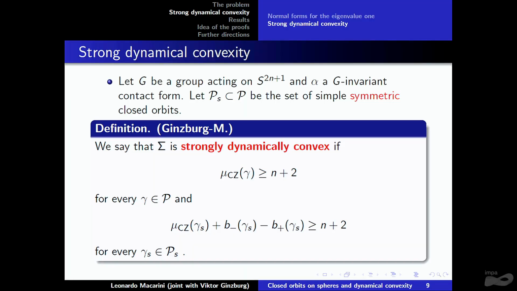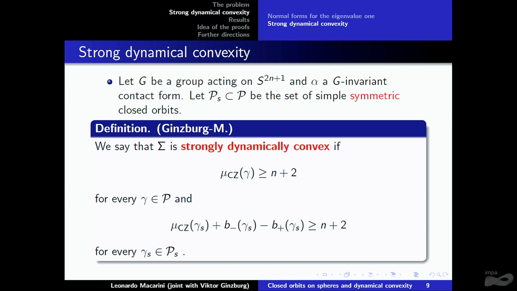And then the definition is the following. Sorry, it should be alpha, not sigma. We say alpha is strongly dynamically convex if the following holds. First, you have dynamical convexity, so every closed orbit has index at least n plus 2.